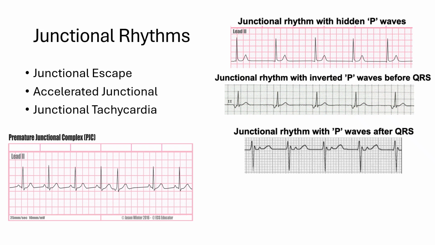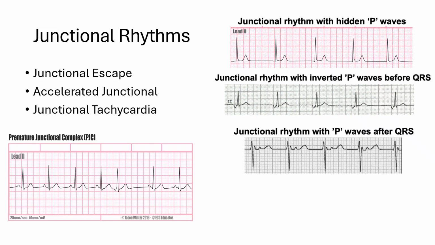And this can actually change the way electricity is being conducted through the heart. Normally, your electricity is going to go from a positive to negative deflection, which is why you have upright P waves in your sinus rhythm. Now, this can actually reverse in your junctional rhythms, and because of this, you can have inverted P waves.